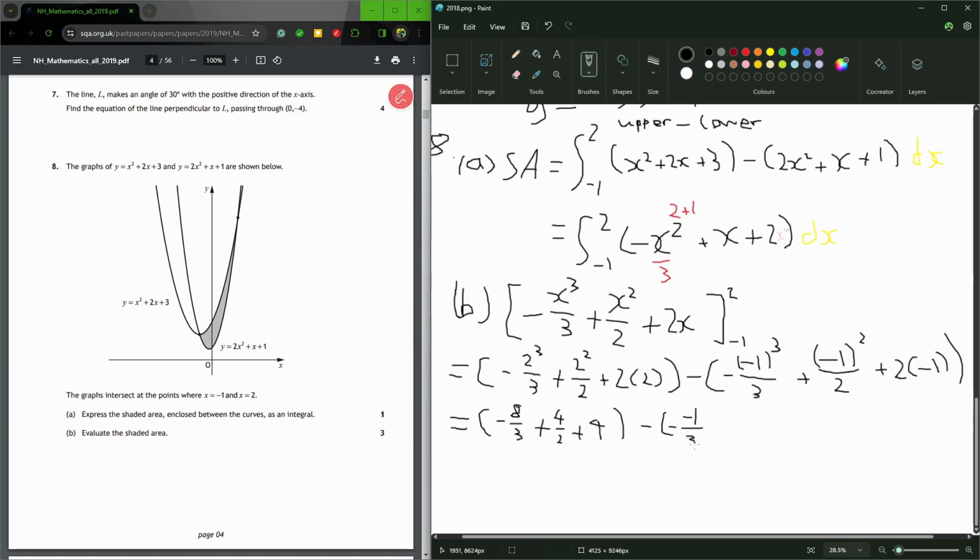So these would actually cancel out, so it would actually be plus a third, but we'll keep it as is for now. And then it's even, so it would be minus 1 times minus 1, which is positive 1. And then 2 times minus 1, that's just minus 2. Okay, that's looking a bit better now.